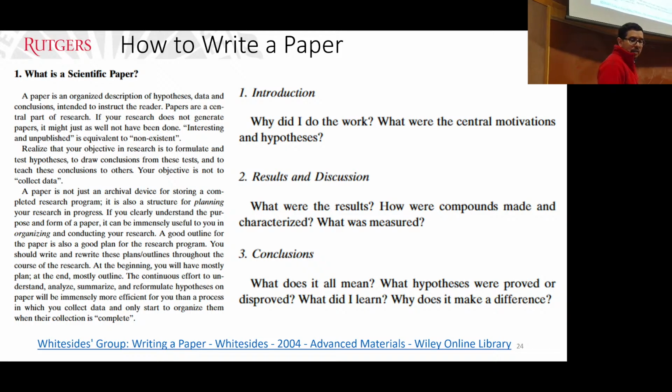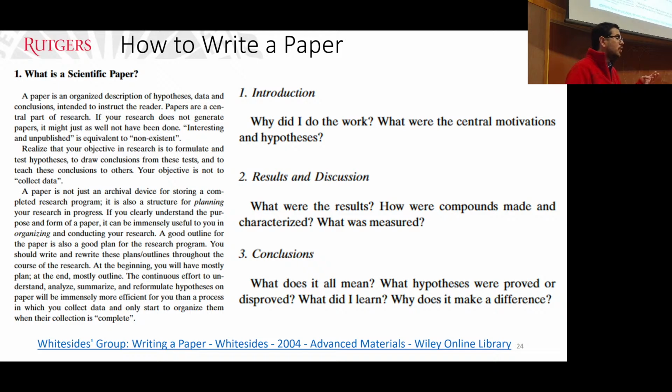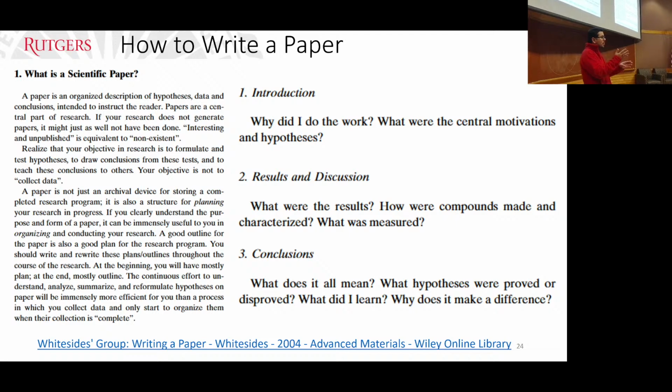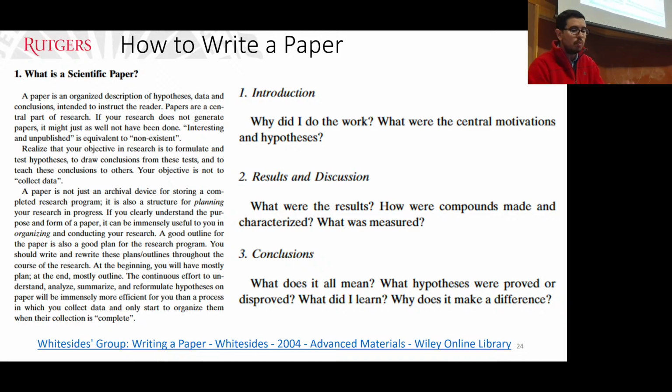So the introduction often includes your reasoning for doing what you're doing and what the hypotheses are. Then we go into results and discussion and conclusions. So these are kind of the basic sections. Sometimes we split results and discussions. Often we do. And so this is kind of the working format for your paper.